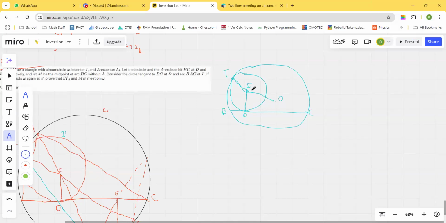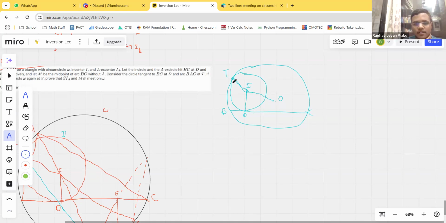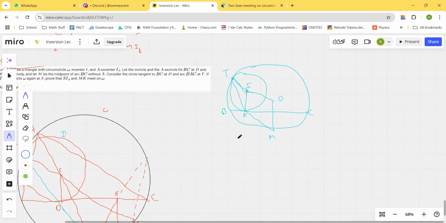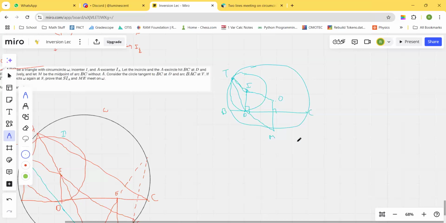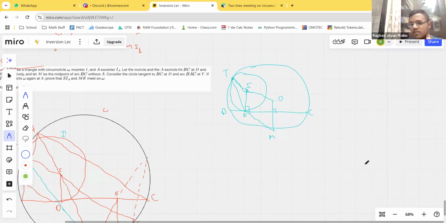Yeah, because it's tangent. Right. And then D should also map to a certain point, call it M. Then you have OM parallel to ID because it's a homothety. And you know that ID is perpendicular to BC by definition. So that means OM will also be perpendicular to BC, which means OM is actually the perpendicular bisector of BC, which implies M is the arc midpoint. Okay, got it. Has everyone else also understood this?